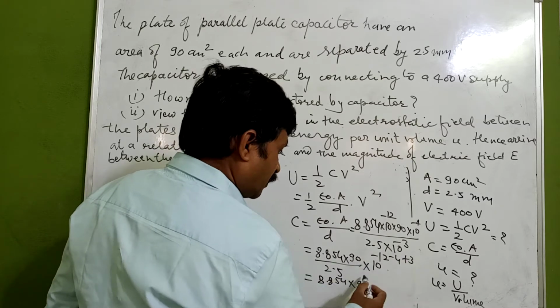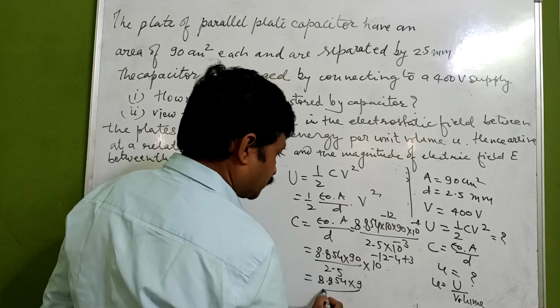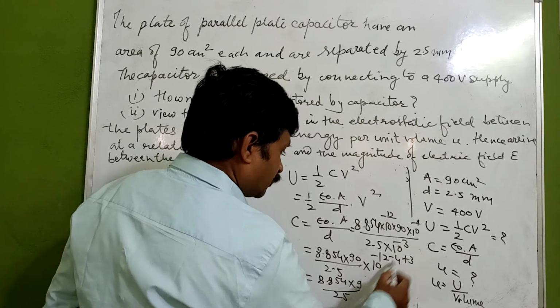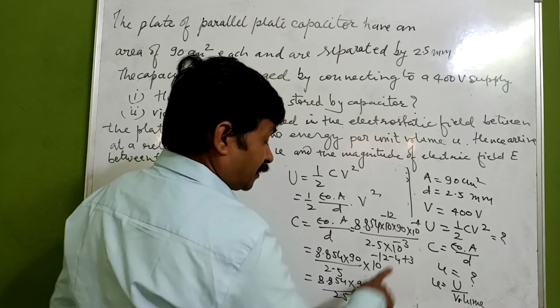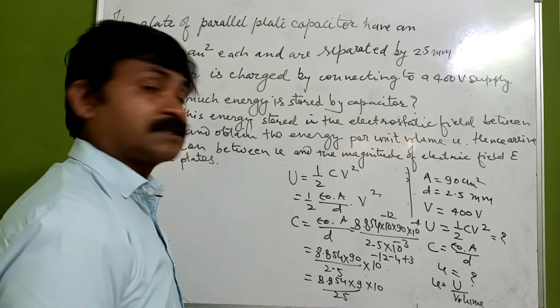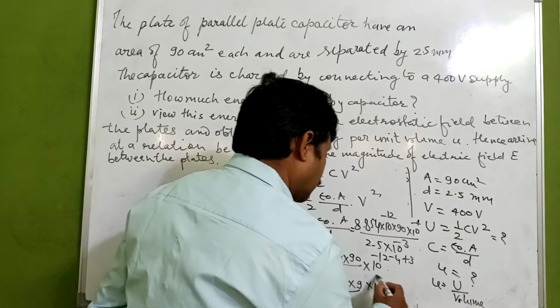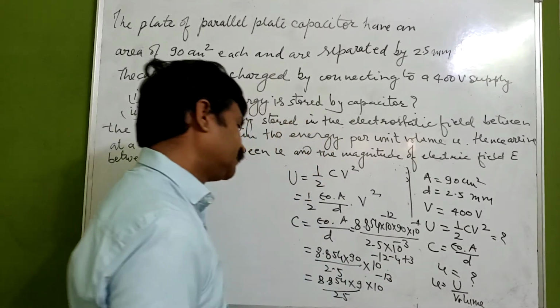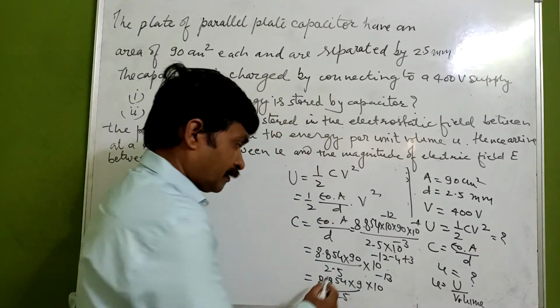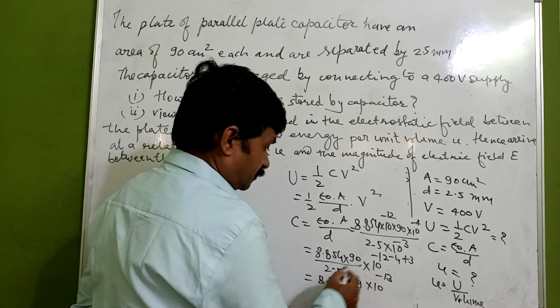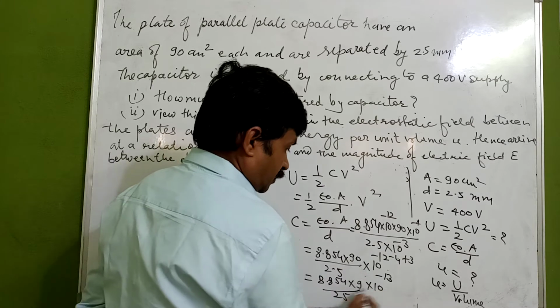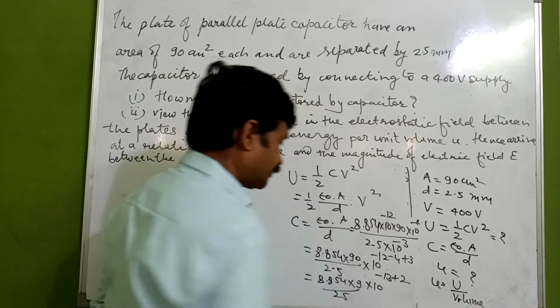We are taking one power here and one power here, means 25. So it is going to be 10 raised to the power minus 16 plus 3, that is minus 13, and these two zeros also we have added, so it is going to be plus 2.